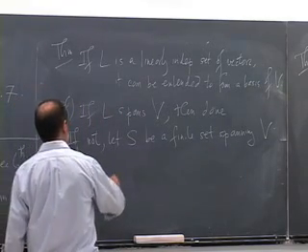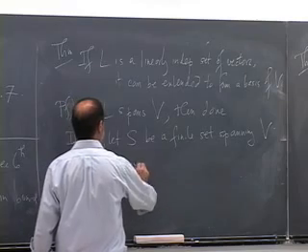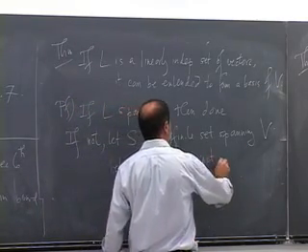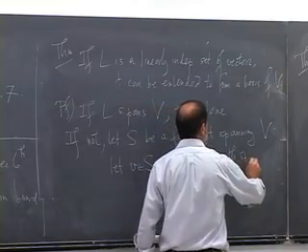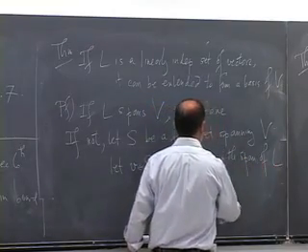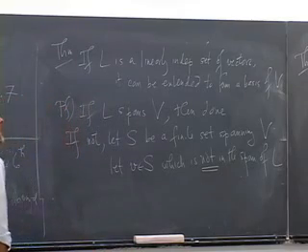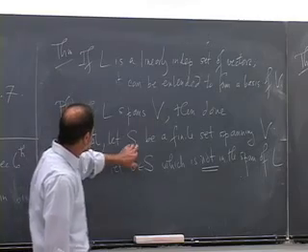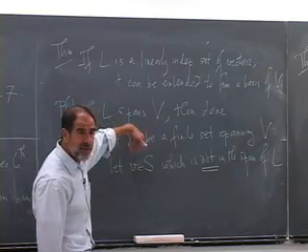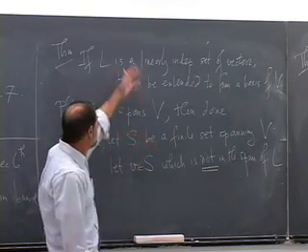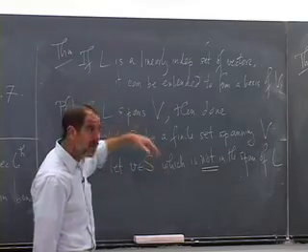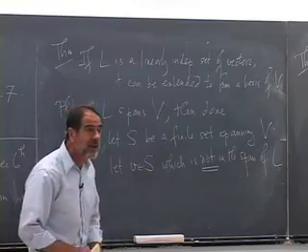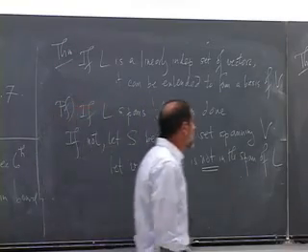And let v be an element in S which is not in the span of L. Now there has to be such a vector in S which is not in the span of L. And the reason is that if everything in S were written as a linear combination of things in L, and everything in V can be written as a linear combination of things in S, we would have written everything in V as a linear combination of things in L. But L didn't span V. So there has to be some vector in S which is not in the span of L.